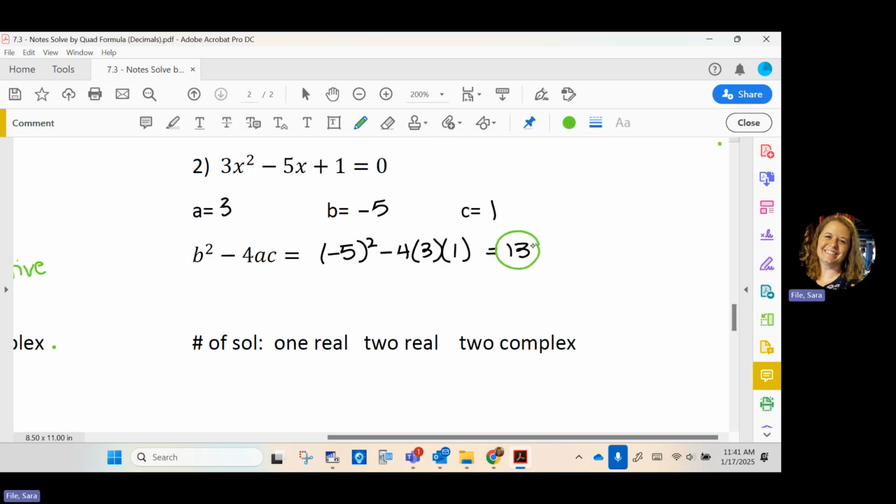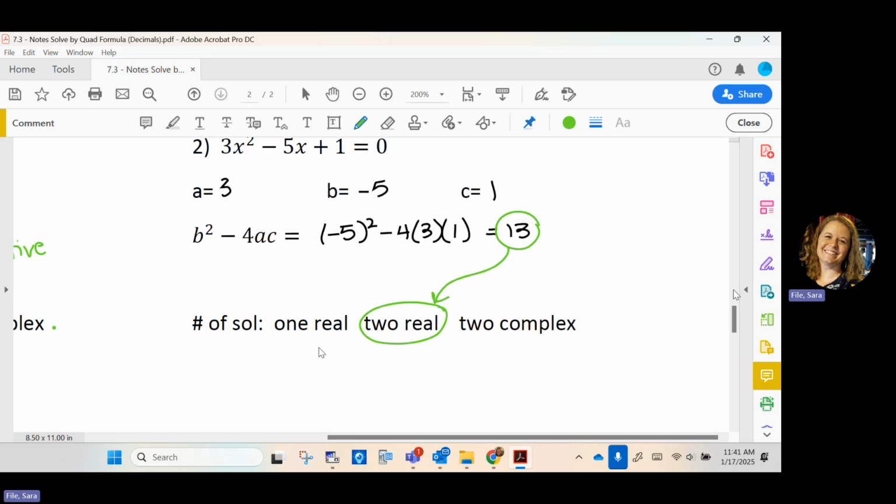That is a positive number. So what number of solutions should there be? We get a positive discriminant. It's 2 real solutions because it's positive. If it was a negative, it would be 2 complex. If it was a 0, it would be 1 real. Okay, so we've got that.